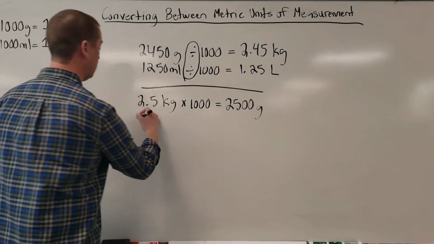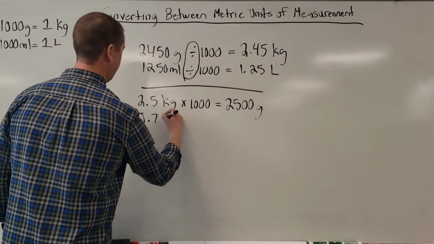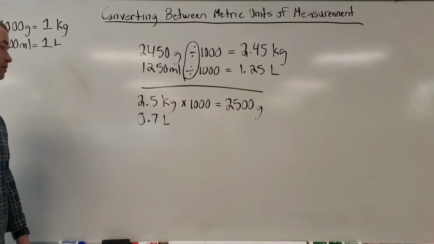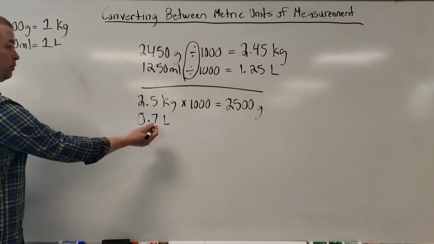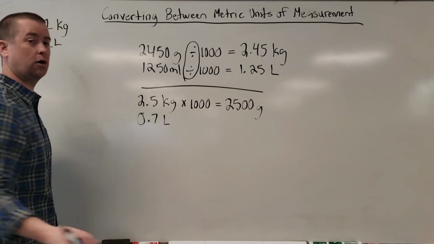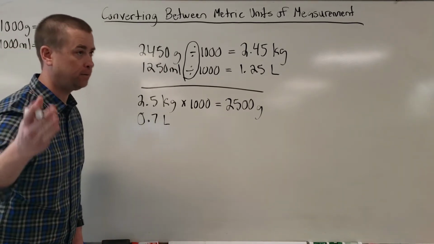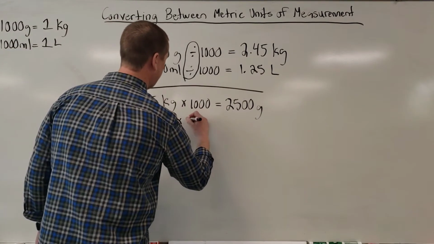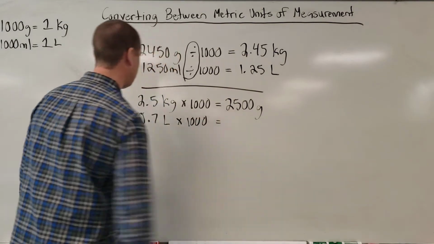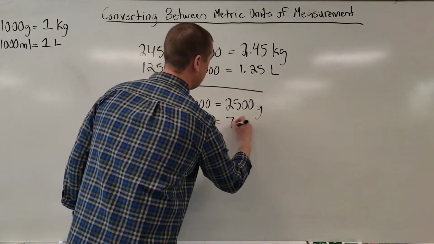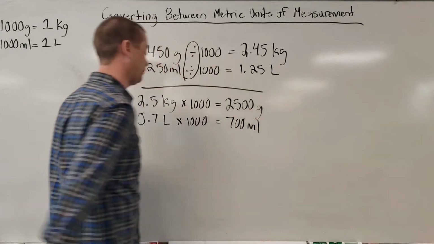Let's say we have 0.7 liters. Same thing. We want to go to milliliters, so we are going to, you guessed it, multiply by 1,000, which gives us 700 milliliters.